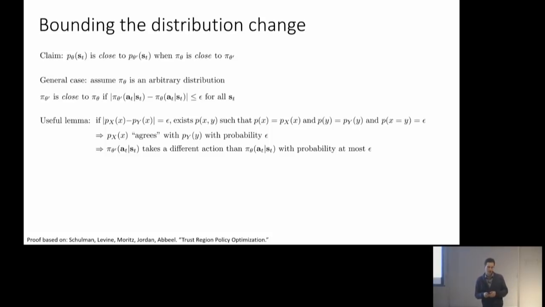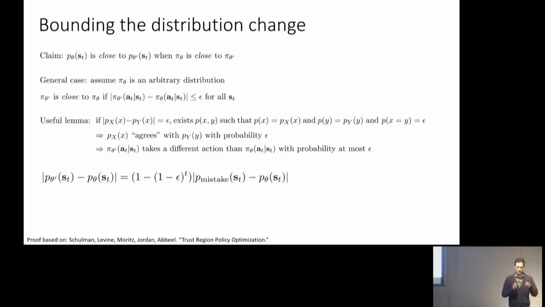All right, so now we're bounding the probability of a mistake, which means that we can again express the total variation divergence between p theta prime s_t and p theta s_t as just the sum of two terms, where the first one is the probability that you didn't make a mistake, which is (1 minus epsilon) to the t, and the second is the probability of the mistake, which is 1 minus (1 minus epsilon) to the t, and substitute that in and get this relationship.